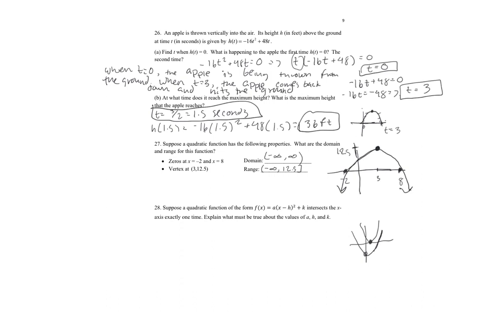So we say that the vertex must lie on the x-axis. So, which means k must equal 0, because it equals 0 on any point.